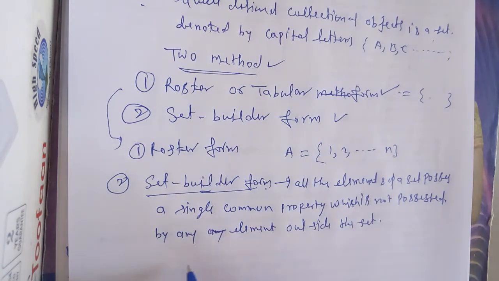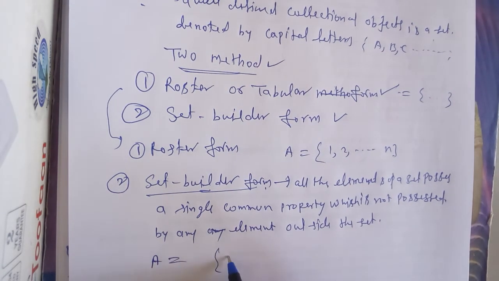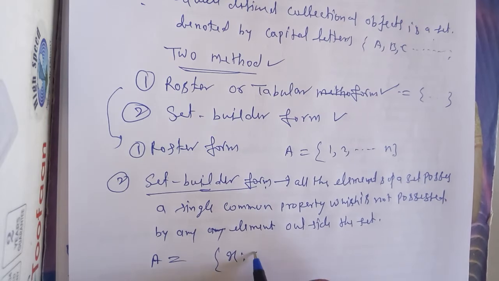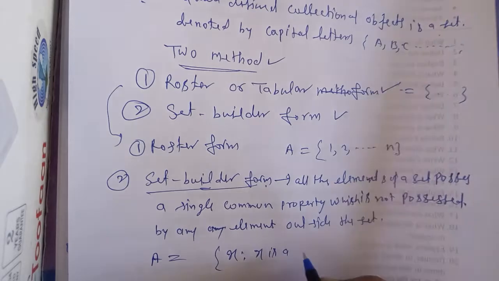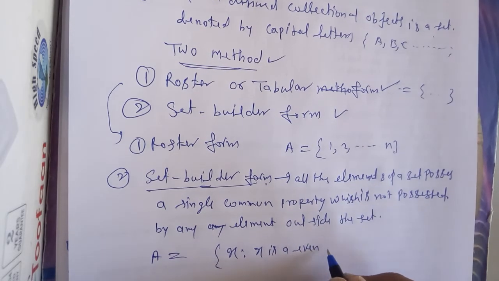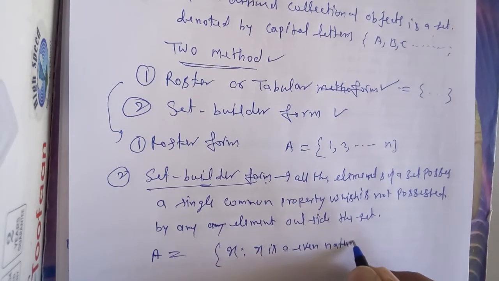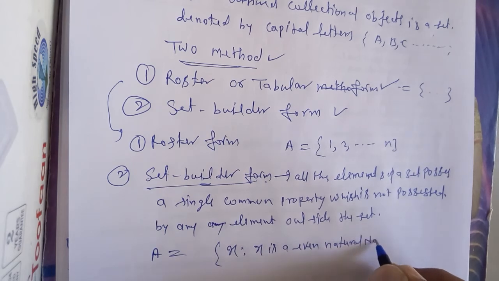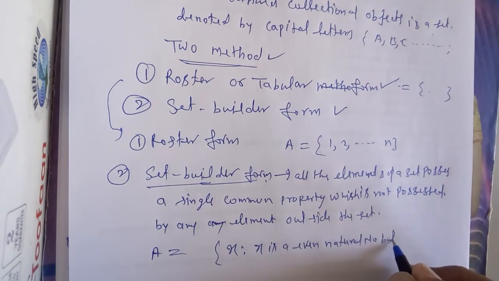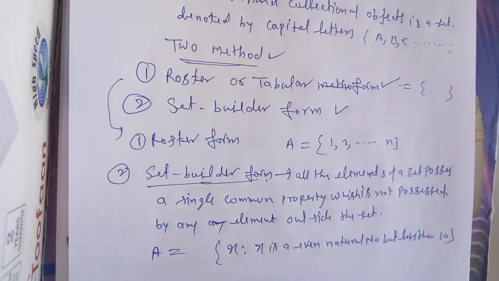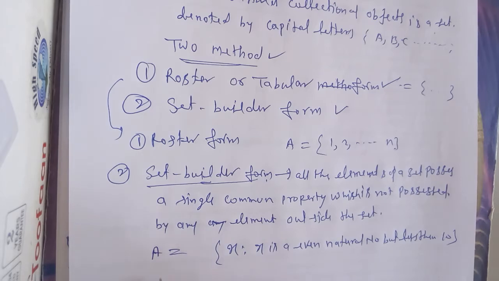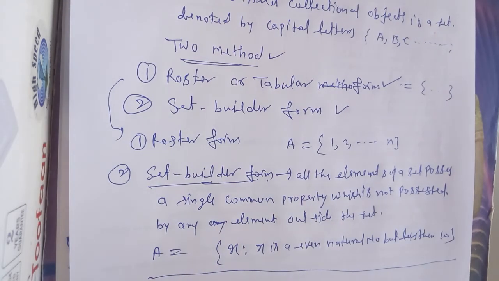Clear? And this form is written as x such that x is an even natural number, but less than 10. Okay, less than 10. This is a set builder form.